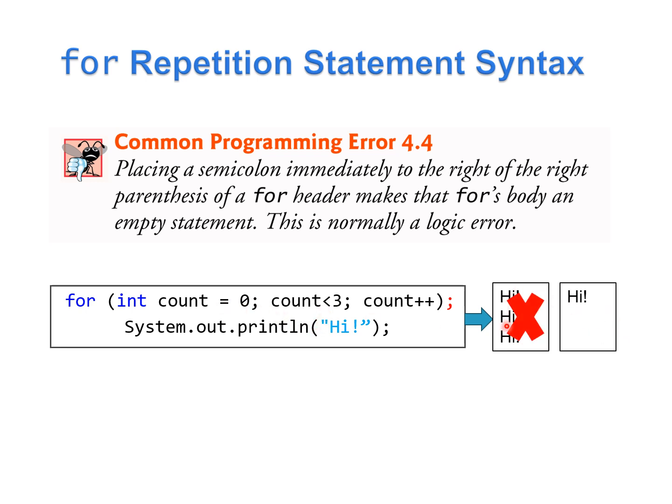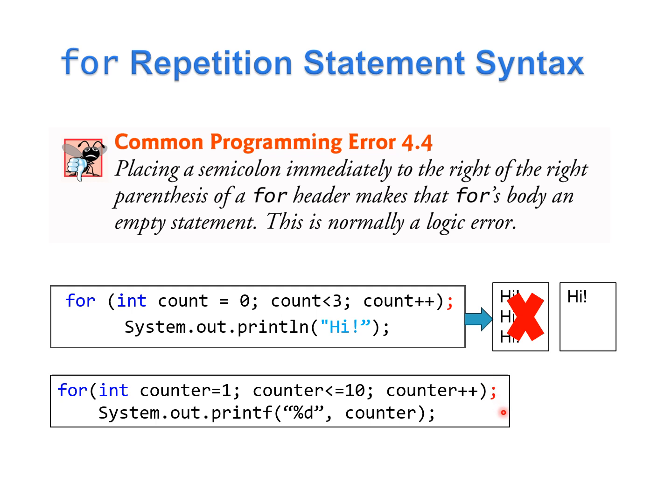The logic error resulting from the semicolon at the end of a for header can sometimes lead to a syntax error. For example, consider the for loop that has the control variable counter iterate from 1 to 10 and prints out the value of counter. So the intended loop body accesses variable counter, which is declared inside the for loop, and so should have scope within the for loop only.